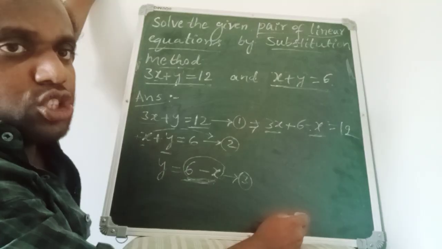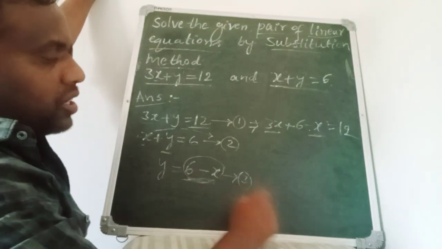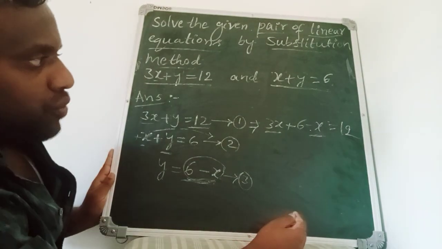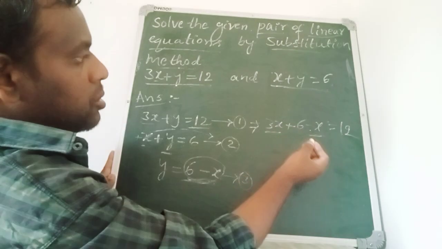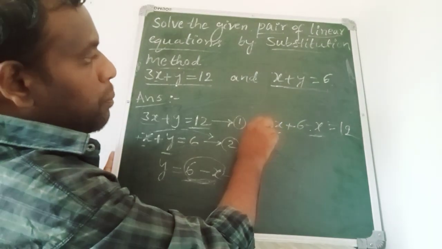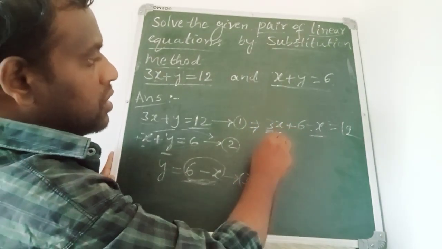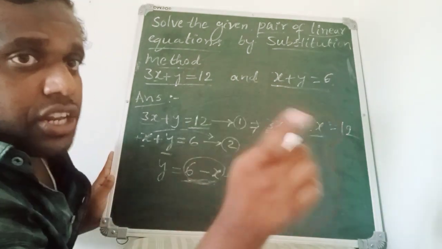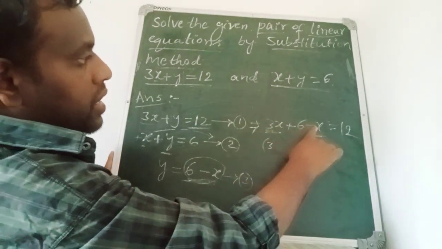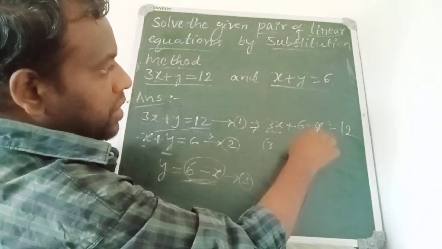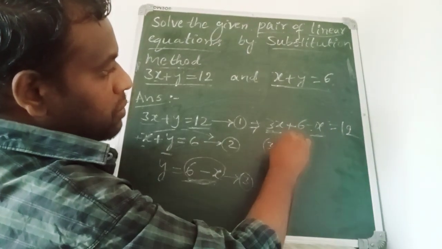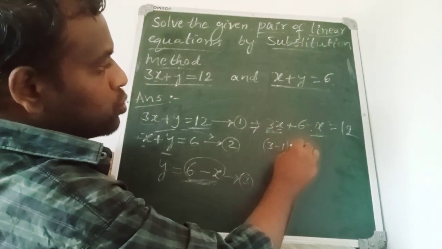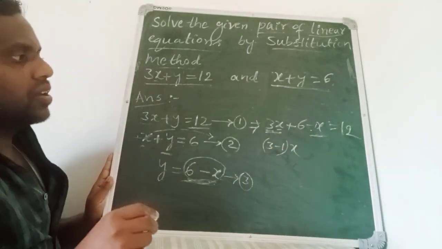Some people may get confused about subtraction of terms. For those people, first consider the numbers: put a bracket around 3, along with the sign you have to consider. So 3, next here nothing is there, which means 1 is there. So 3 minus 1, and put this x only once.